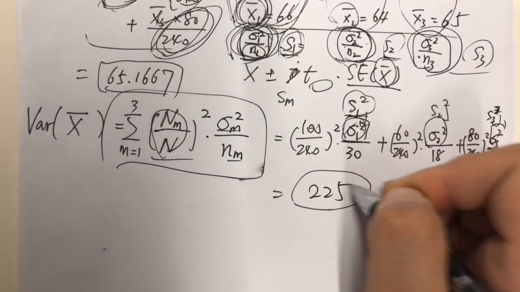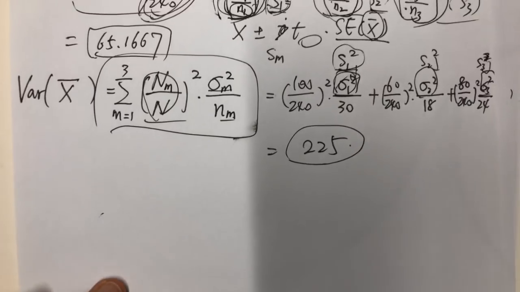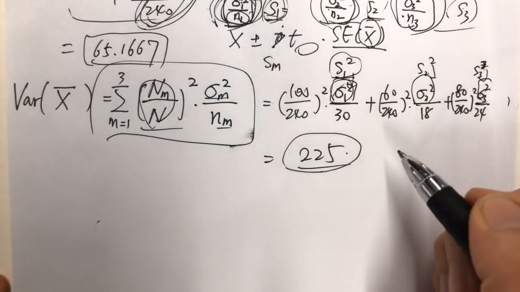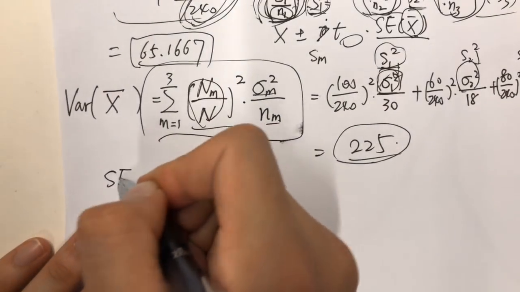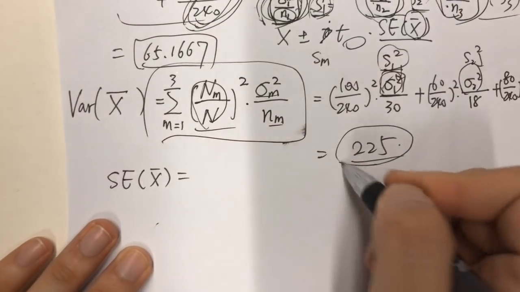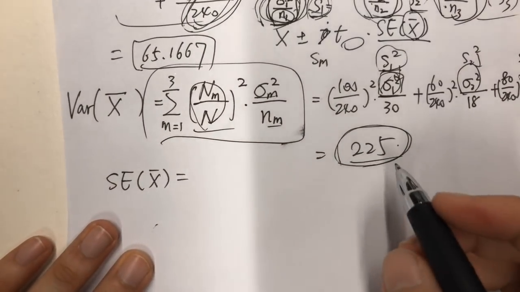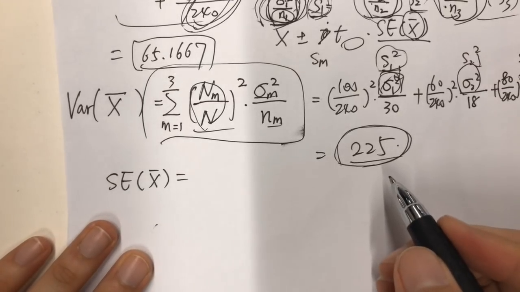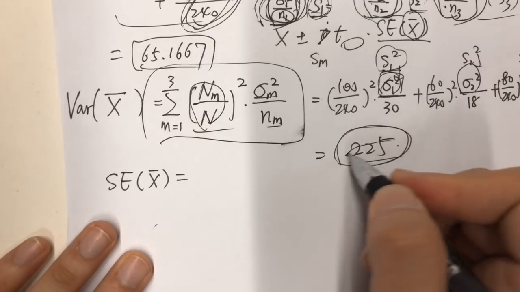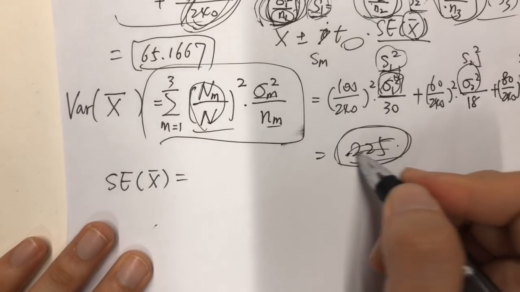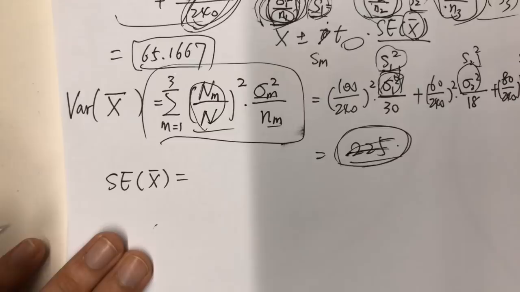Let's suppose it's 225, is that okay? So if it is 225, we know the standard error of X bar will be what? The square root of what? Okay, the variance of X bar is too large, I think. Not 225. Let's try.